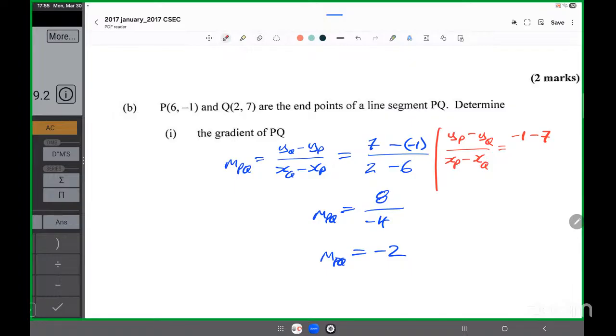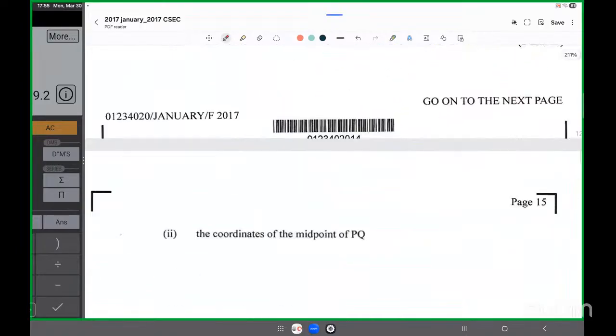And under here now, you would have XP, which is 6, minus XQ is 2. You would now get negative 8 over 4, which will still give you a negative 2. So we could do it that way. You just have to stay consistent with the direction that you subtract the value. But understand that. All right? That is it. Next one.